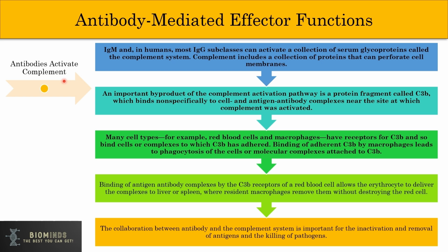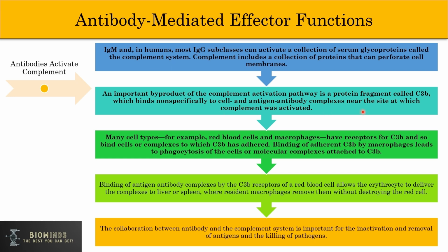These complement proteins are secreted by the liver. There are more than 20 complement proteins present in our body which help in the immune responses. Most of the IgM and most of the IgG subclasses can activate this serum glycoprotein, which is known as complement.